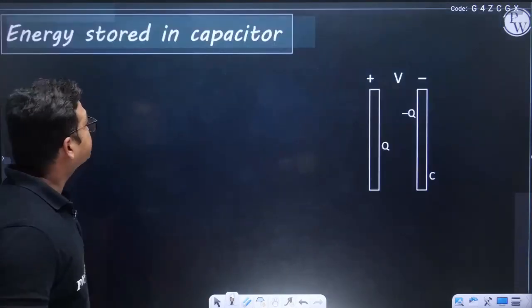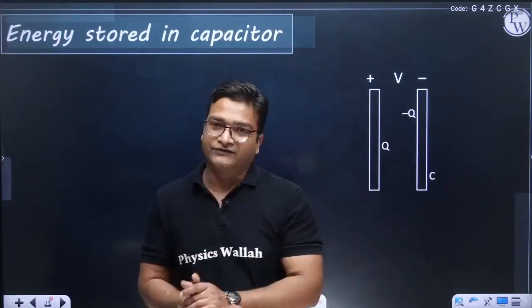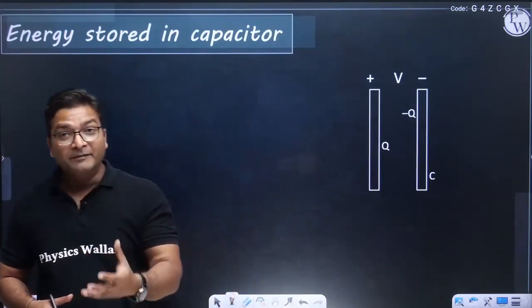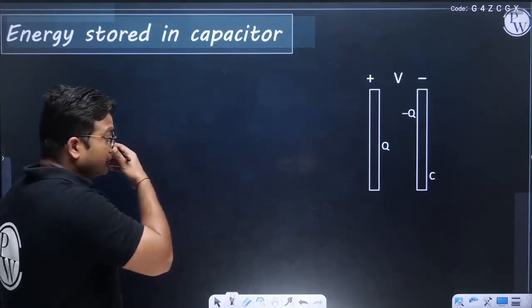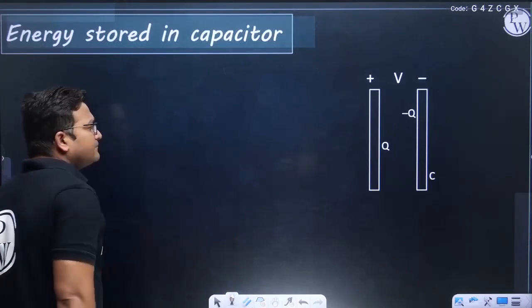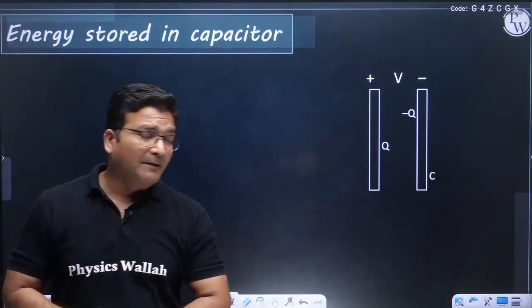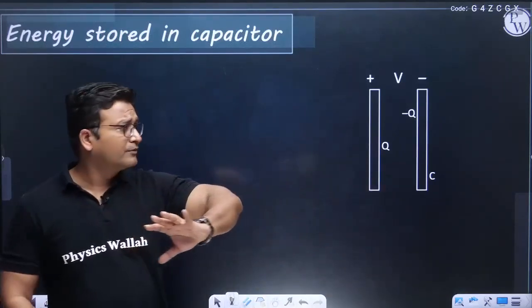Let's move on. Now we will discuss the most important aspect of this element, the capacitor: the energy stored in a capacitor. So let's discuss energy stored in a capacitor. We are assuming we have a parallel plate capacitor, or in fact you can take any kind of capacitor, no problem.